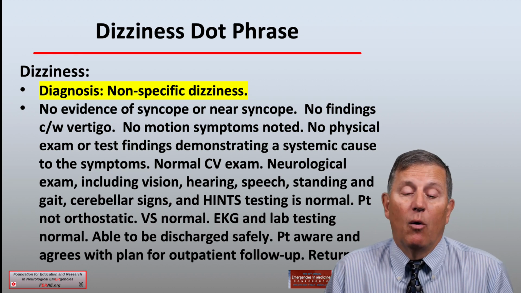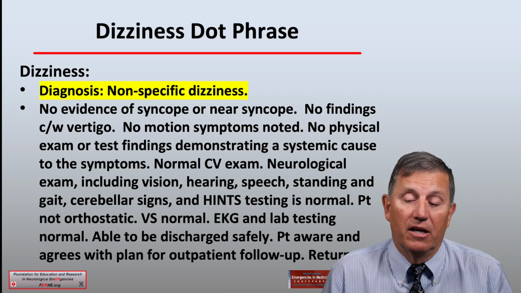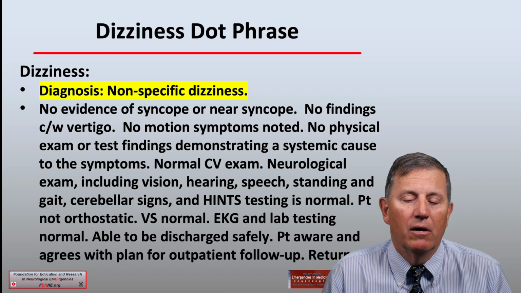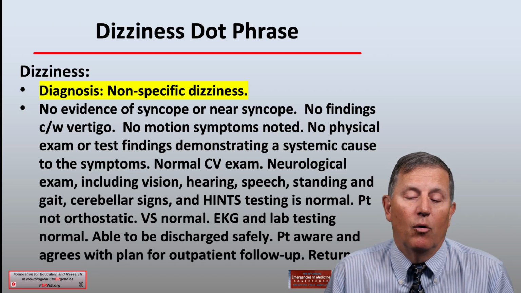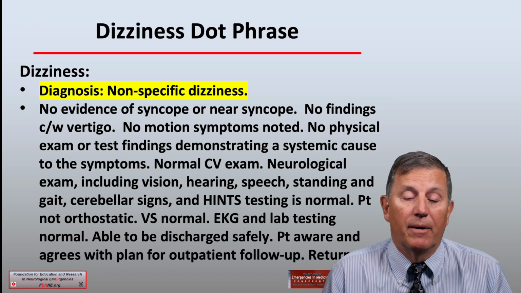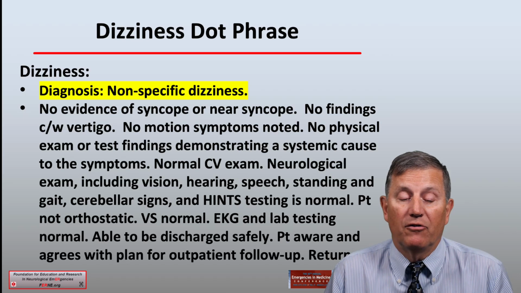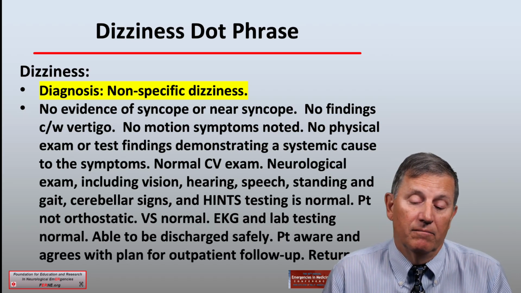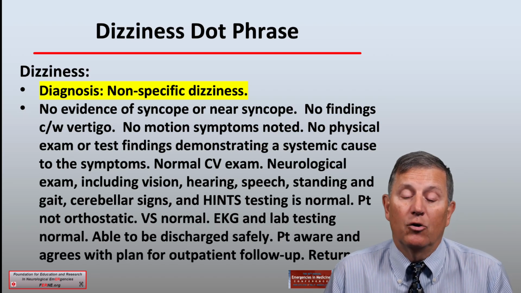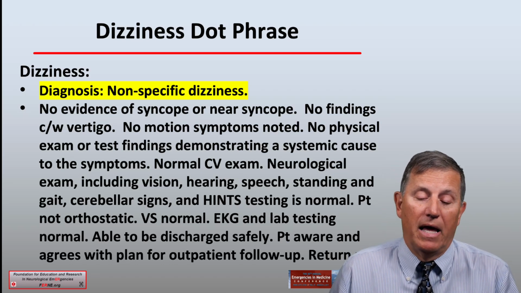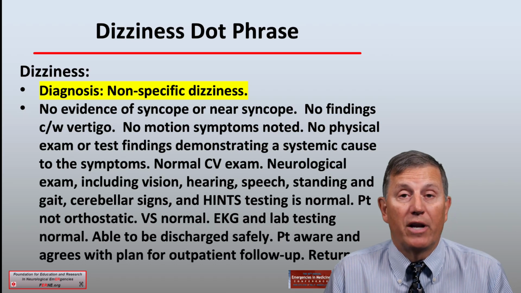You would document no evidence of syncope or near syncope, no findings consistent with vertigo, no motion component, no physical exam or test findings detecting or demonstrating a systemic cause, normal cardiovascular exam, normal neurological exam including HINTS testing, patient not orthostatic, normal vitals, EKG, lab testing normal, able to be discharged safely, patient aware and agrees with plan for outpatient follow-up, return as needed.